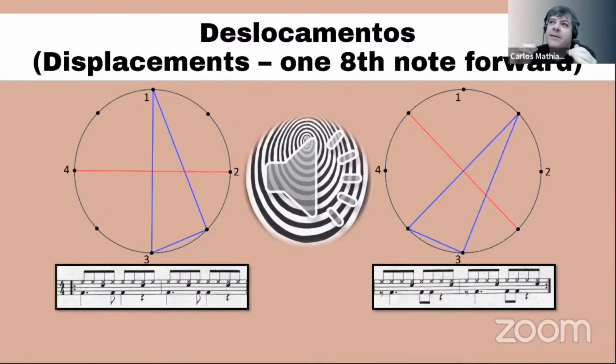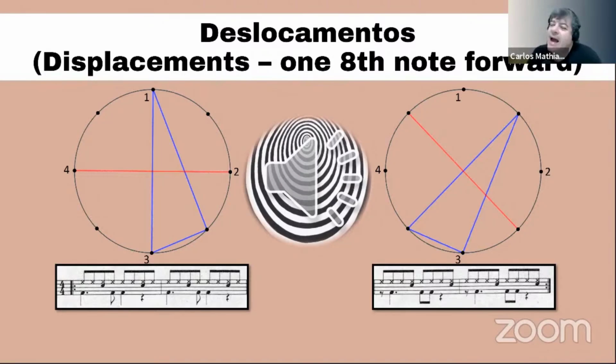So maybe the drummer is actually proposing an experience to the listener where the very same rhythm is placed everywhere, and this strangeness is a resource of communication. It's a very important resource of communication. Strangeness is a very important part of communication.